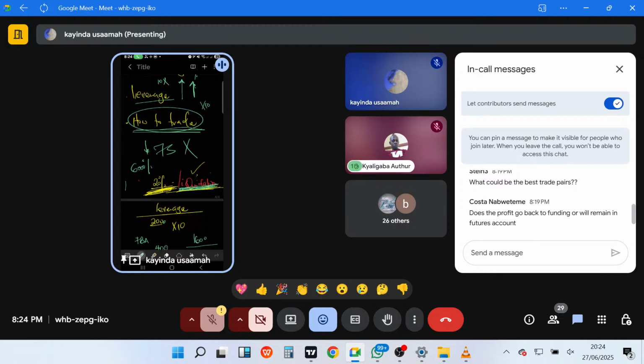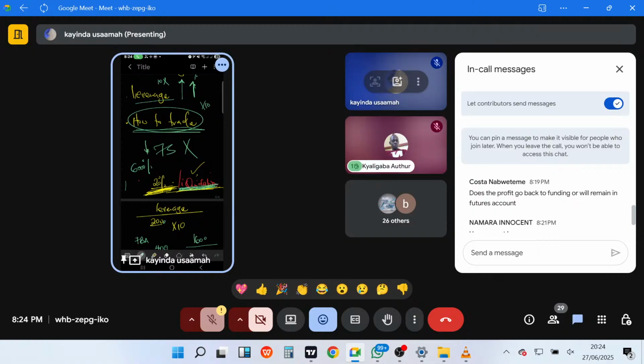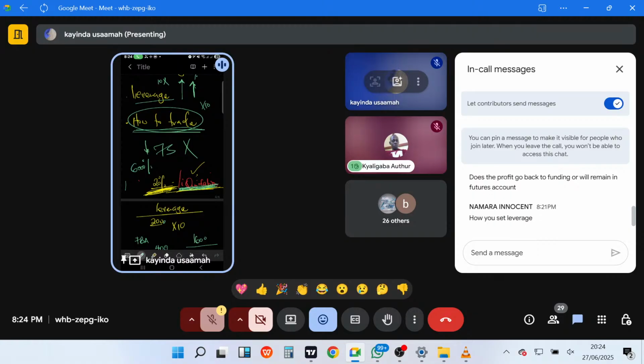We don't want you crying to us in the group. Those are the coins where you can have one candle of 300%. Coins with higher market caps don't do those things. They move steadily.